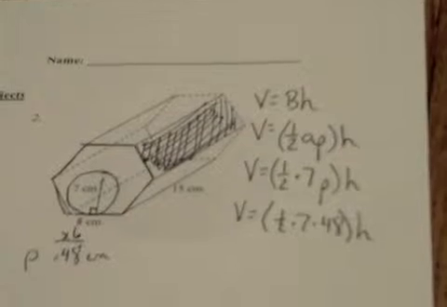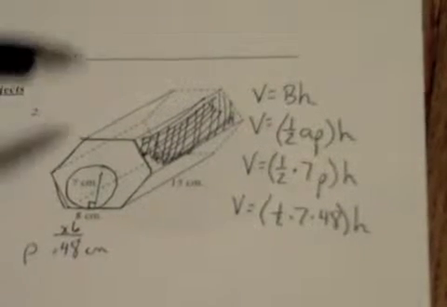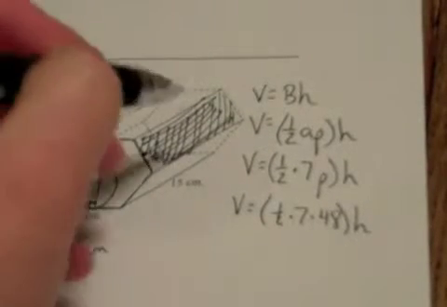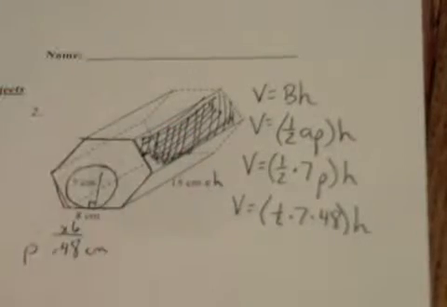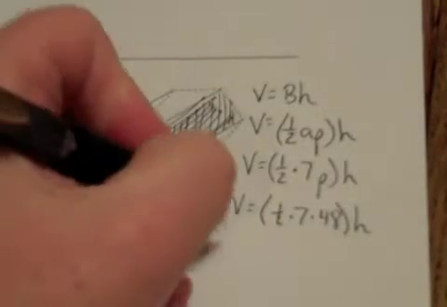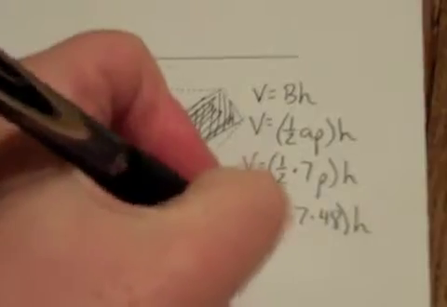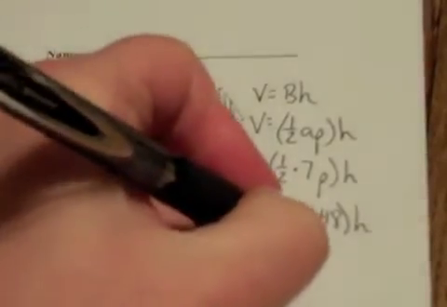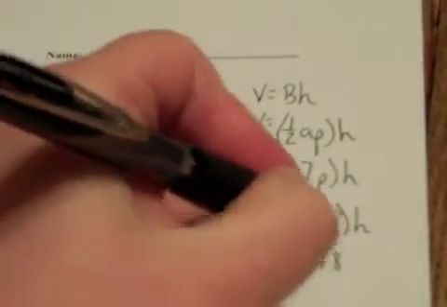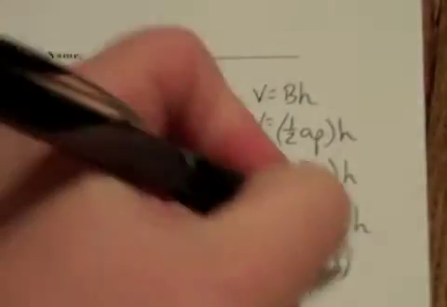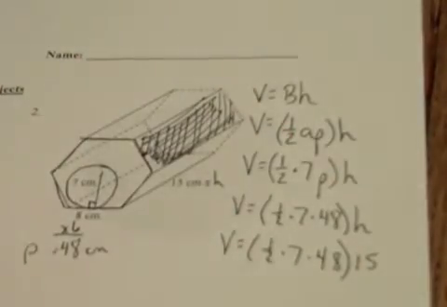The height of the prism, well, that's a little misleading. This particular prism is lying on its side. That means that the 15 centimeters here is really the height. So the problem that you really want to do is finding out what 1/2 times 7 times 48 is times 15. Don't forget your label.